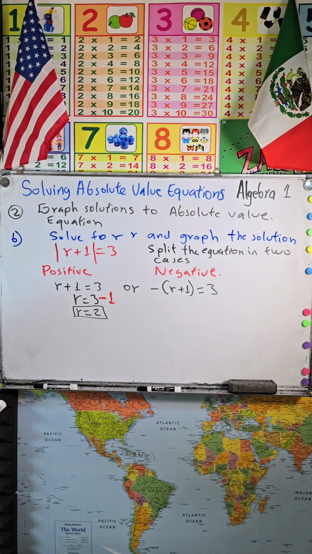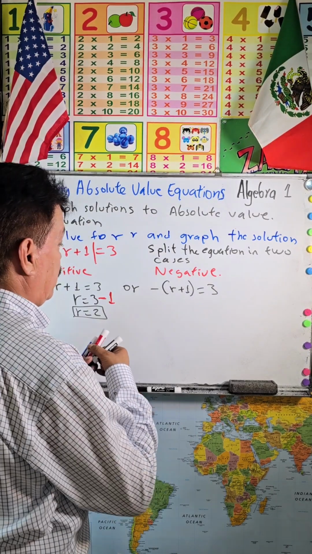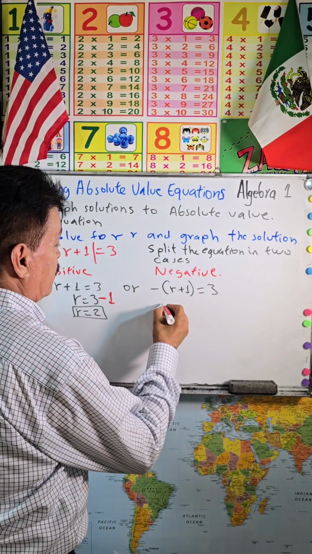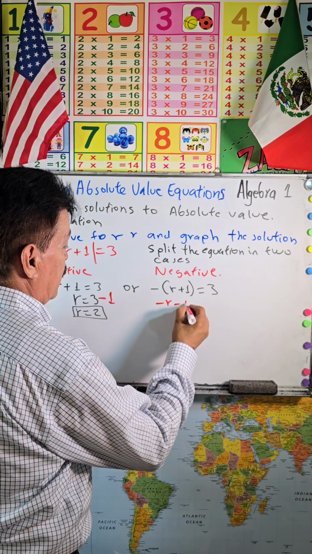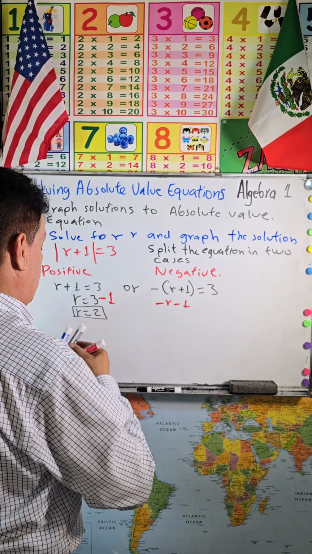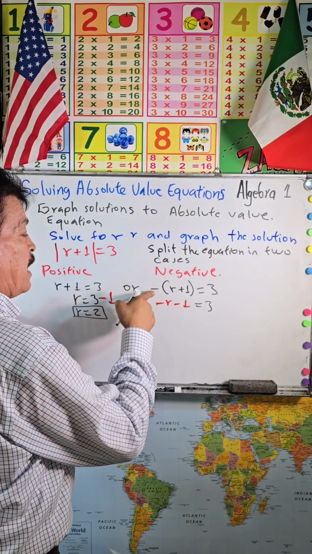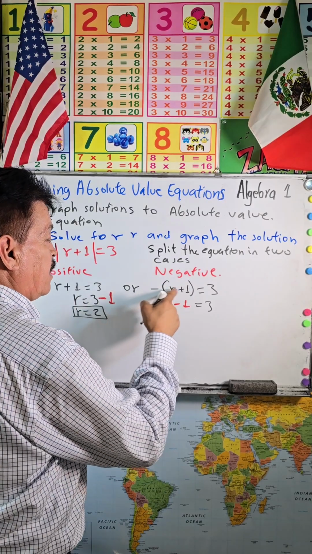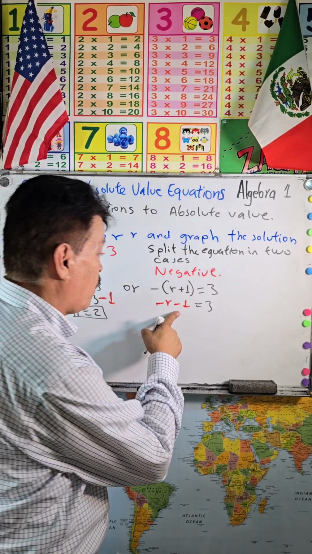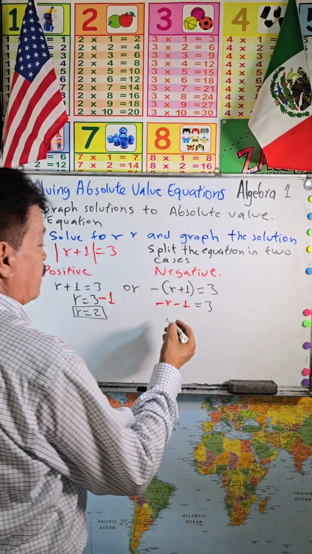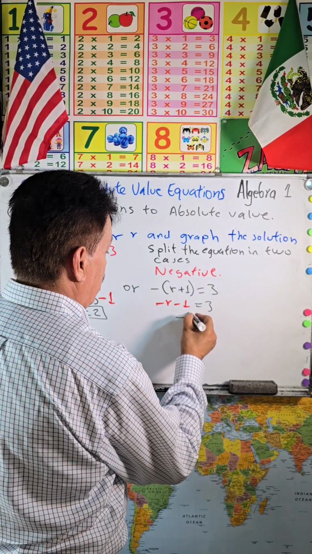So apply the distributive property and add 1 to both sides. Here, this is going to be changed: negative r, negative 1, equals 3. Why? Because negative times positive is negative. So simplify this. We will have negative r right here.